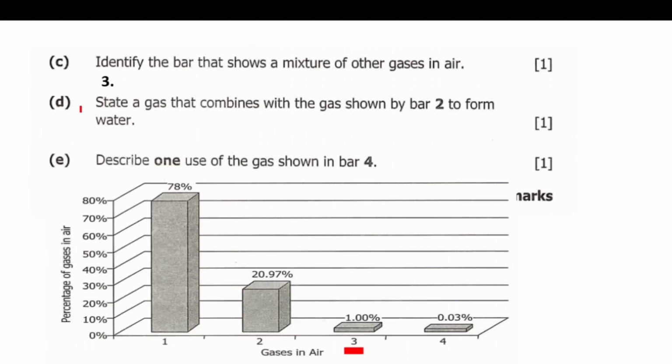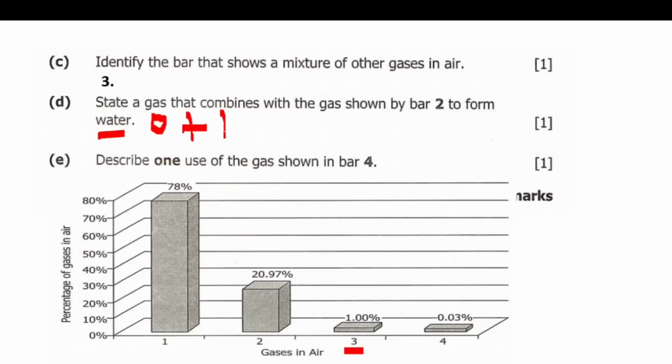So it is 3. D, state a gas that combines with the gas shown by bar 2 to form water. The gas shown by bar 2, which supports burning, is oxygen. So oxygen combines with hydrogen.